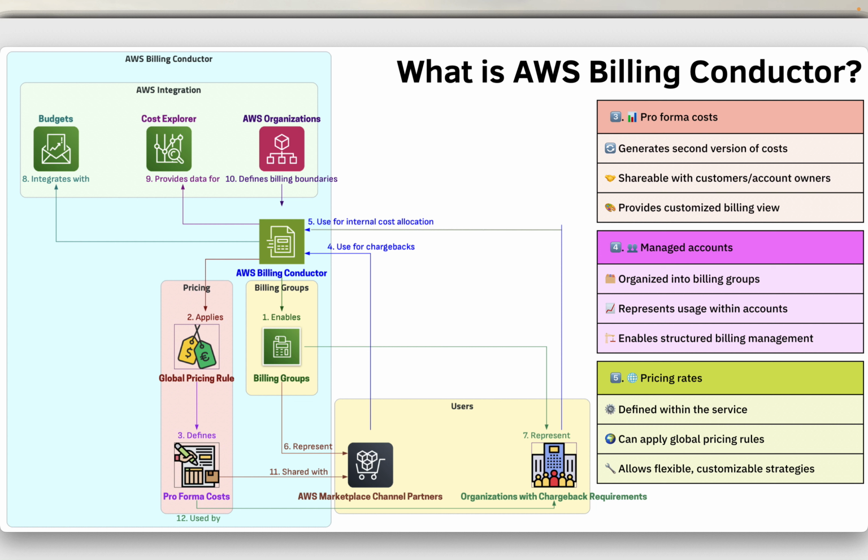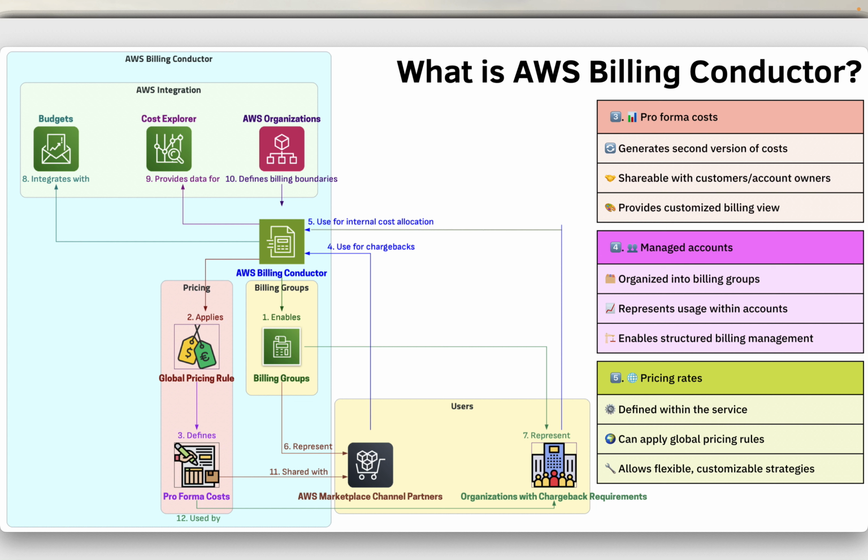For resellers, it helps them figure out how much to charge their customers who use AWS services through them. So it's like creating a detailed receipt that shows what each customer owes. And for big companies, it helps them split the AWS bill between different teams or departments. It is like dividing a restaurant bill among friends, but for AWS services used by different parts of the company.